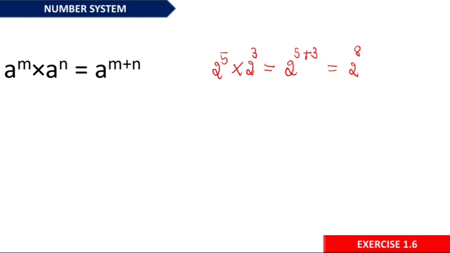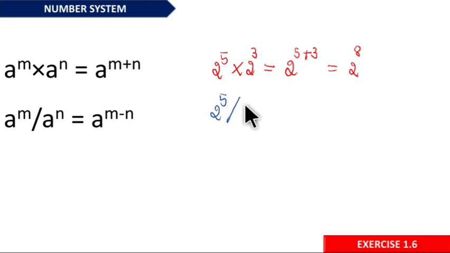Now let's see the next law of exponent. a to the power m divided by a to the power n, that is a to the power m minus n. Let's write the same example here: 2 to the power 5 divided by 2 to the power 2.